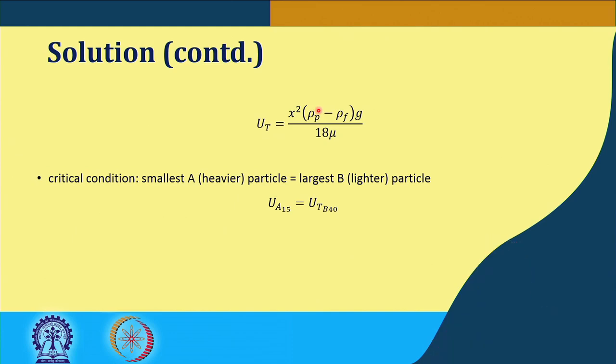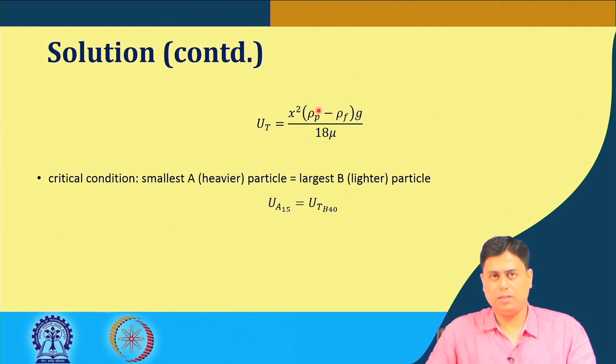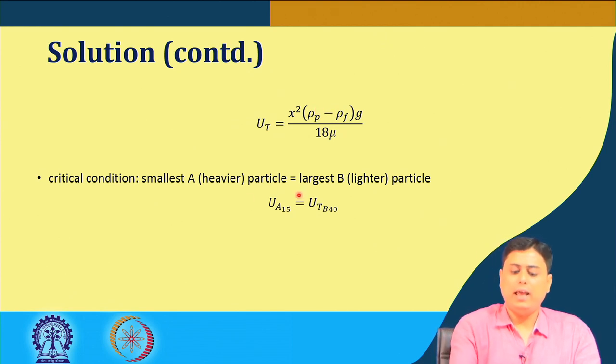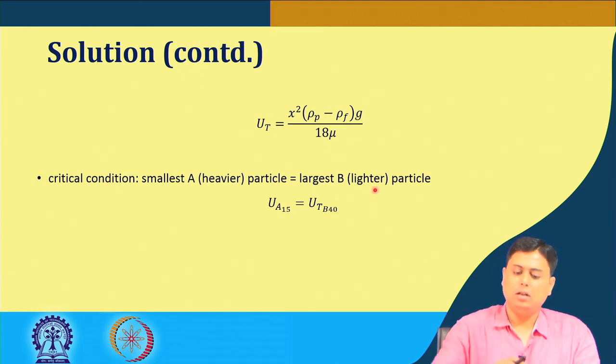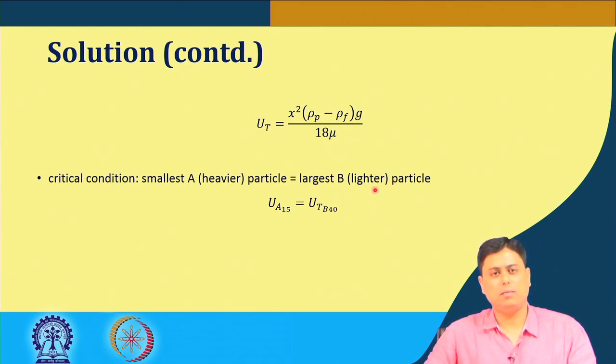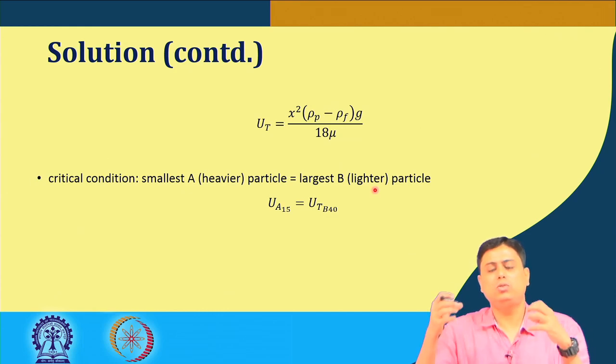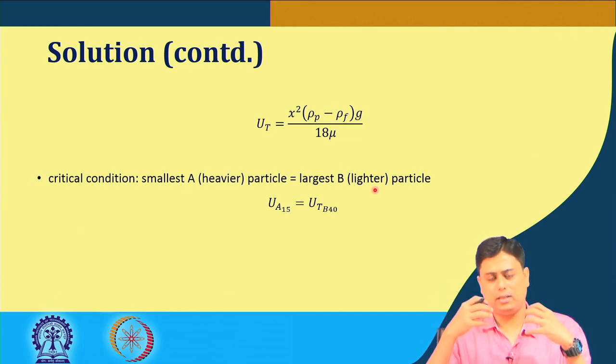So the critical condition is that the smallest particle of A, which is the heavier material, will have a terminal velocity equal to that of the largest particle size of B. That is the point I mentioned, because these two extremes can have the overlap.